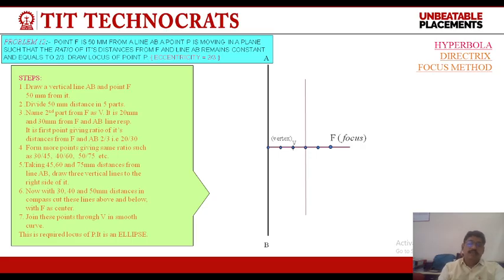So divide this line into 5 equal parts from the directrix to the focus, and for the 2 by 3, from the focus take the second point as the vertex, and draw a line VF equal to VE, and start a point from D, which moves with the help of E.